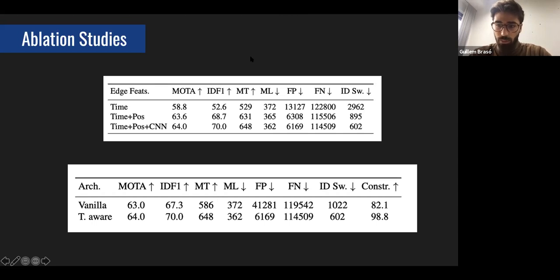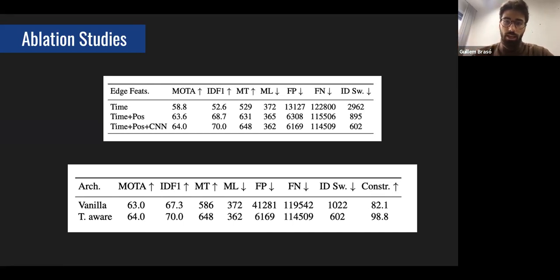It's especially remarkable. Here we include one last column, which is constraint satisfaction rate. Out of these constraints that I was talking about in the rounding step, with these infeasibility constraints, this is the percentage of constraints that is automatically satisfied just by thresholding a classification score.